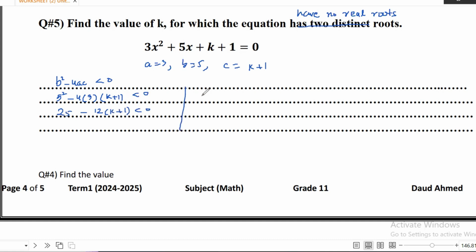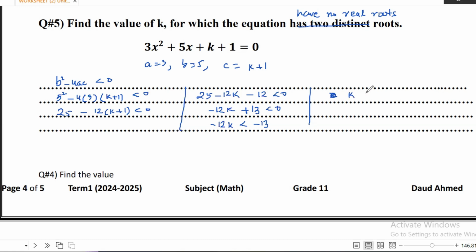Next step, 25 minus 12k minus 12 less than 0, which gives me minus 12k. And then 25 minus 12 gives us 13. And then minus 12k less than minus 13. Next step, which is the last step, we are looking for the value of k.